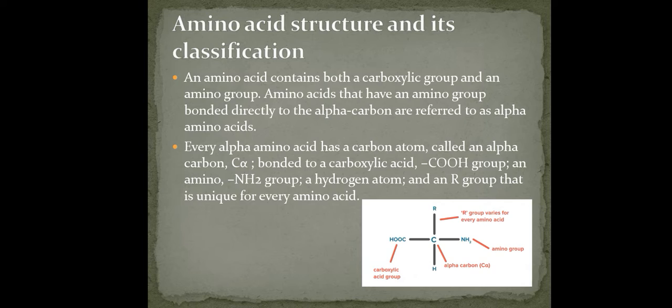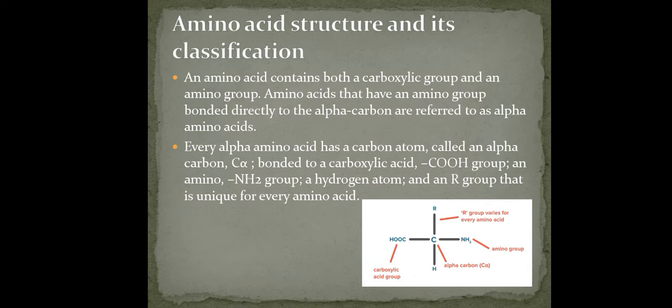Amino acid structure and its classification. An amino acid contains both a carboxyl group and an amino group. Amino acids that have the amino group bonded directly to the alpha carbon are referred to as alpha amino acids. Every alpha amino acid has a carbon atom called the alpha carbon.